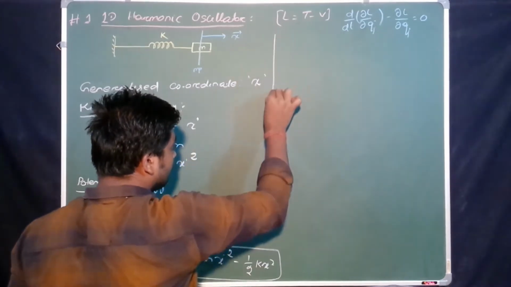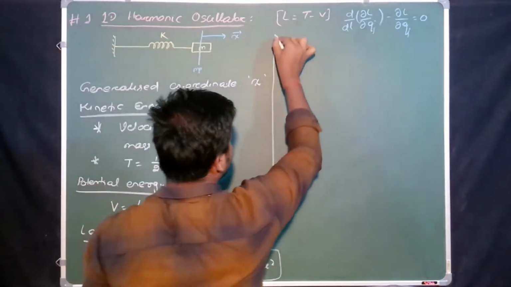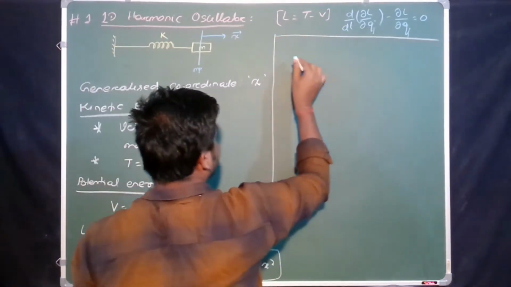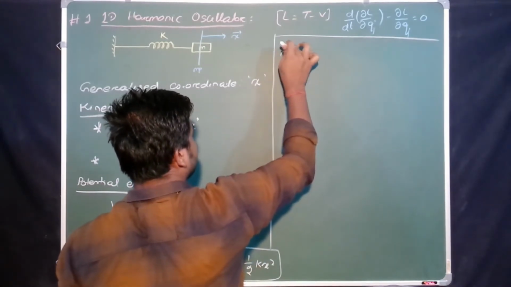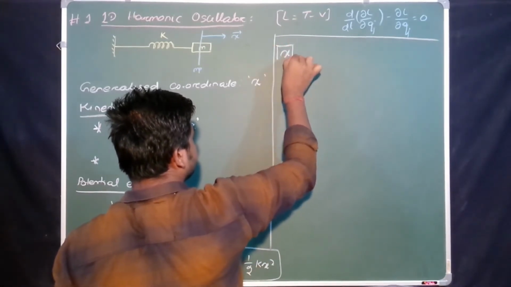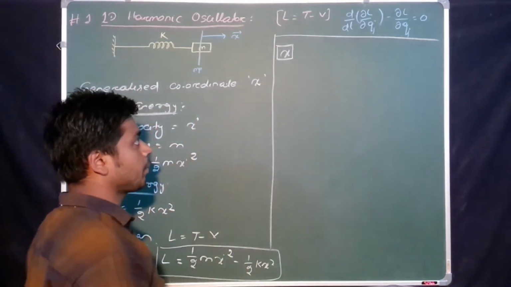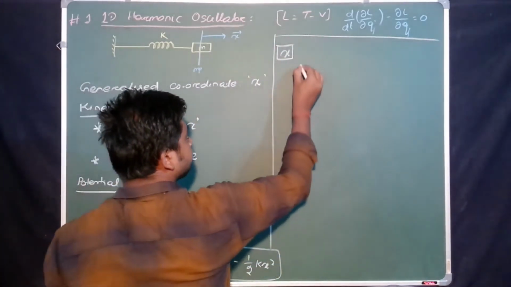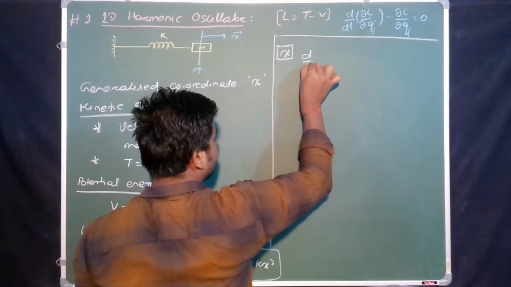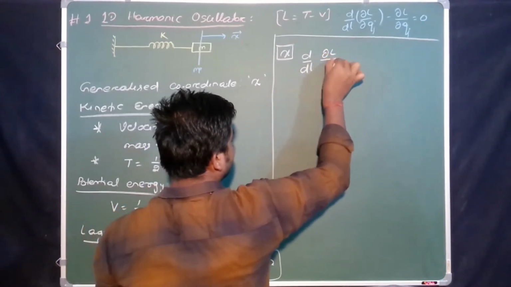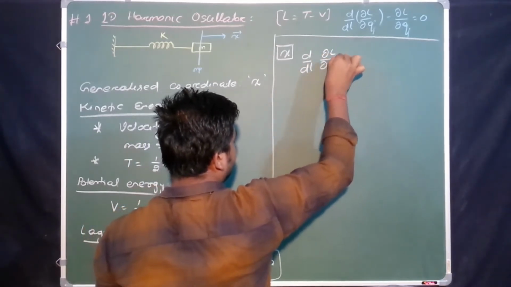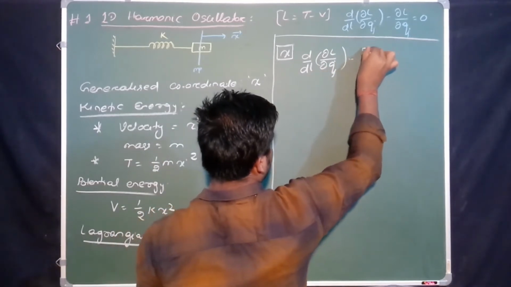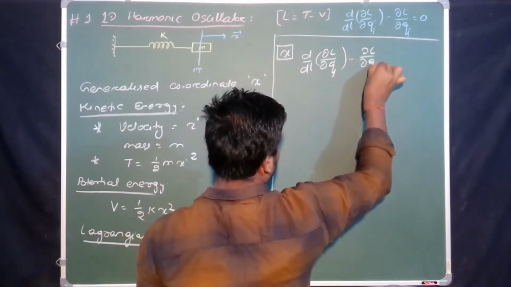Lagrangian equation of motion for the generalized coordinate x. Okay. What is the formula? Formula for Lagrangian equation of motion: d/dt of ∂L/∂q̇j minus ∂L/∂qj is equal to 0.